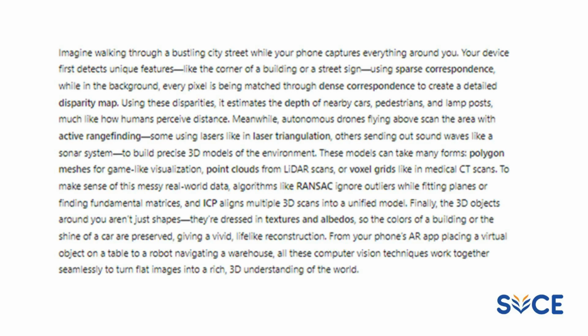It's filled with color and detail to give a more authentic figure. That's where textures and albedos come in. They make a virtual car look shiny or a wall look rough, so it feels real. We can texture it. We can feel the picture.